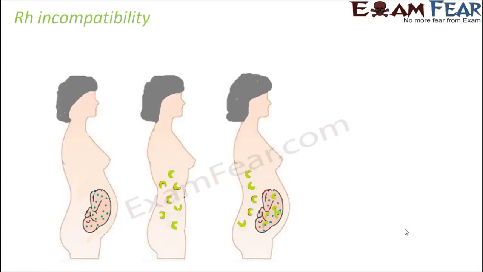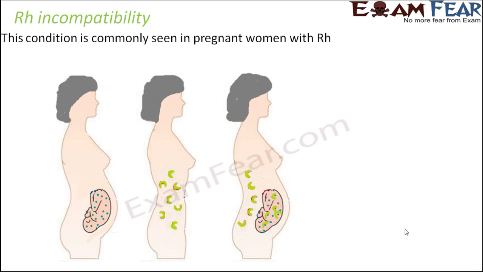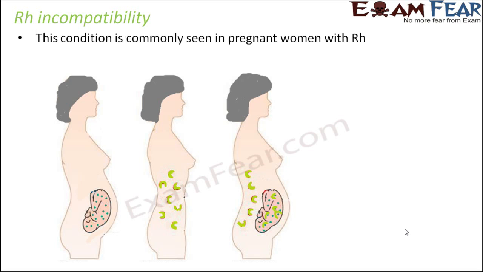So now we will discuss one example of RH incompatibility. Now this RH incompatibility, what is this? This is basically a condition which is commonly seen in pregnant women with RH negative. Now let us suppose that if the mother is RH negative, okay.